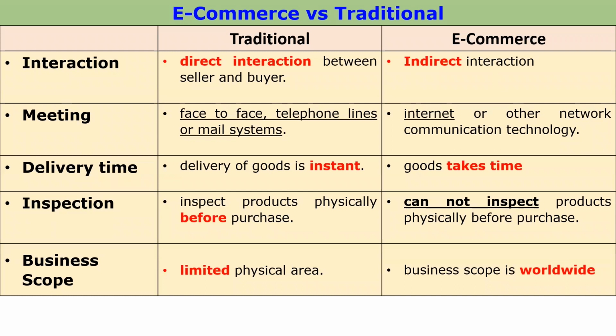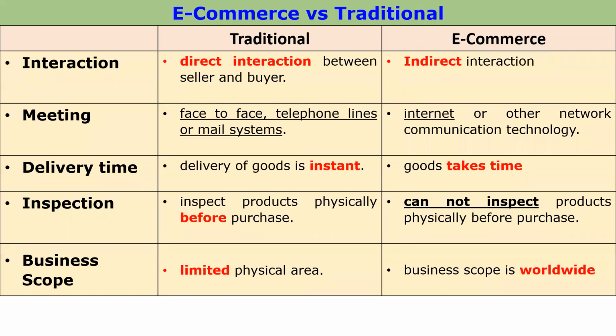If you consider interaction, meaning the way of doing the transaction, there are two types. Under traditional, there is direct interaction between seller and buyer. Right? Directly you can go to the buyer and communicate with the seller.